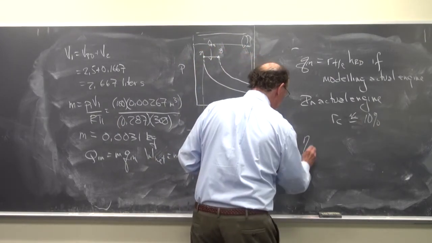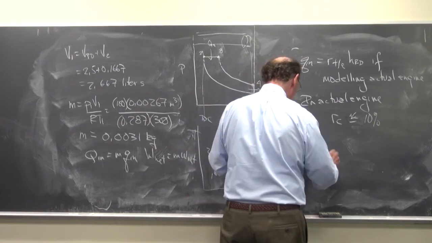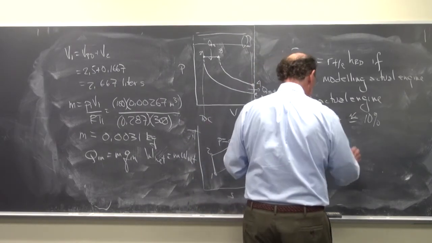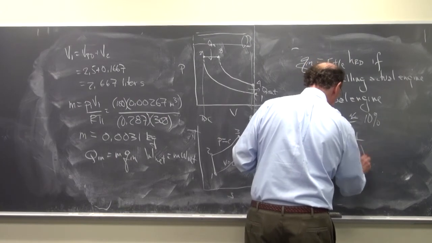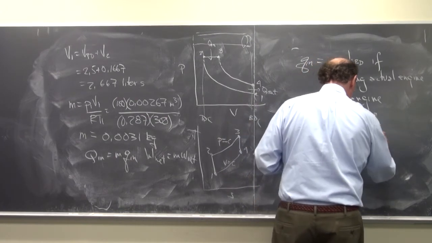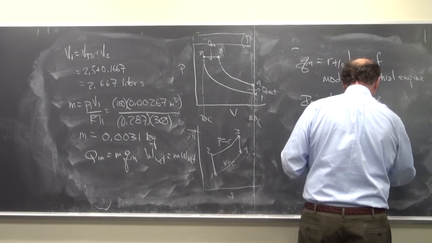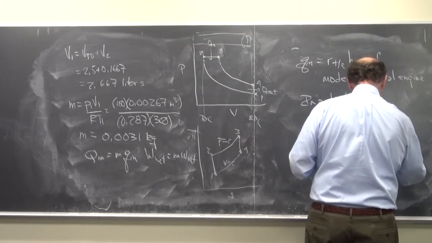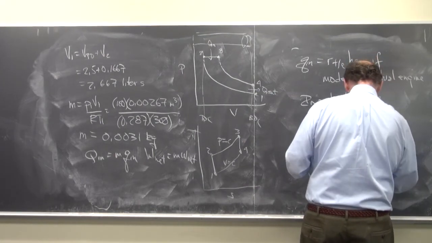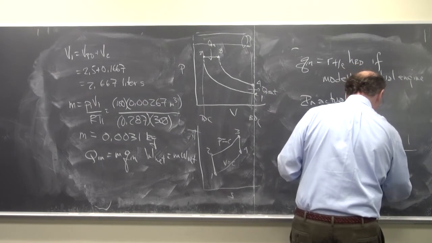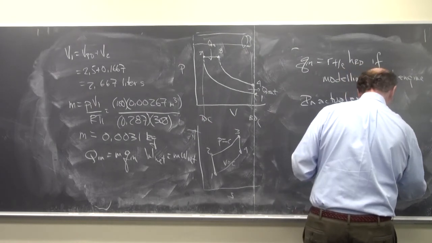And the thermal efficiency, for people who love equations, for the air standard diesel is 1 minus 1 over R to the K minus 1 times R sub C to the K minus 1 over K times R sub C minus 1.